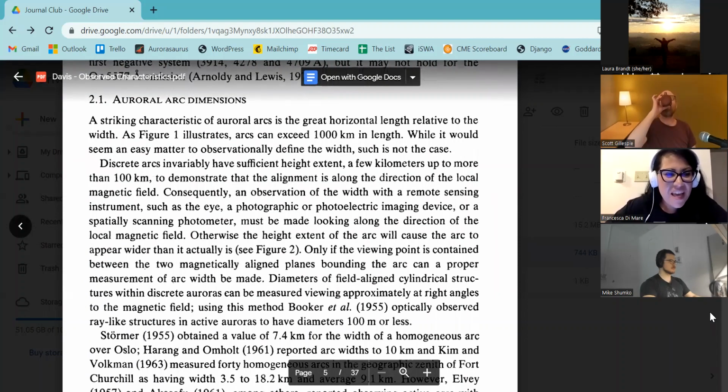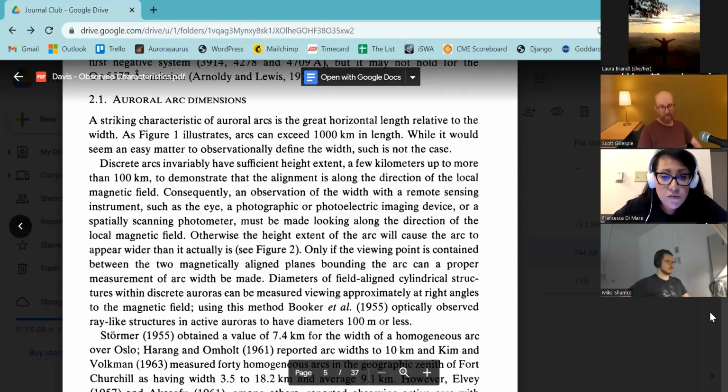Sounds good. Yes. A striking characteristic of auroral arcs is the great horizontal length relative to the width. As Figure 1 illustrates, arcs can exceed 1,000 kilometers in length. While it would seem an easy matter to observationally define the width, such is not the case. Discrete arcs invariably have sufficient height, extending a few kilometers up to more than 100 kilometers, to demonstrate that the alignment is along the direction of the local magnetic field.